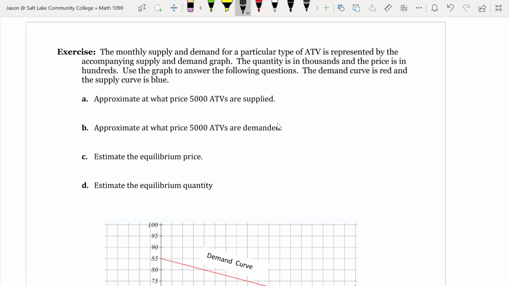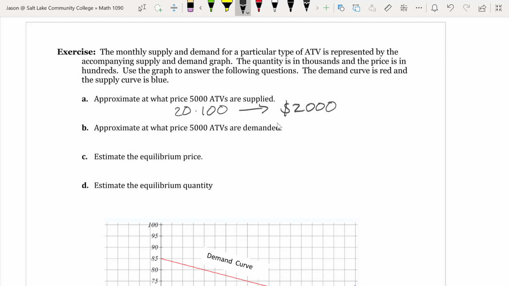So $2,000, that's 20 times 100. So the market will supply 5,000 ATVs when the price for an ATV is $2,000.